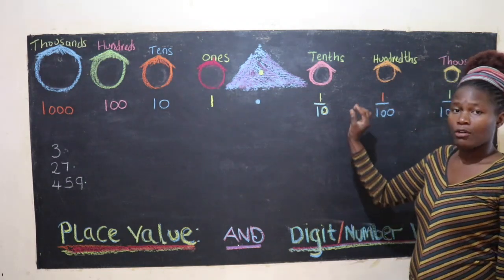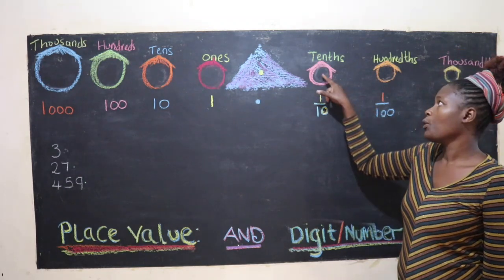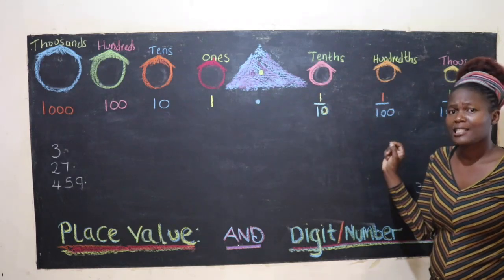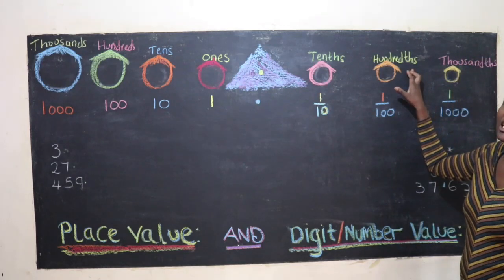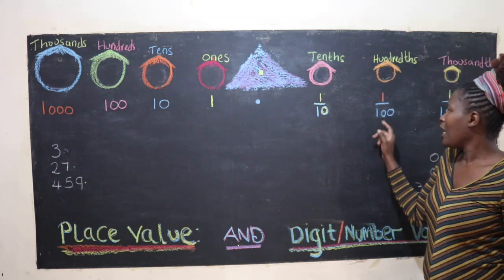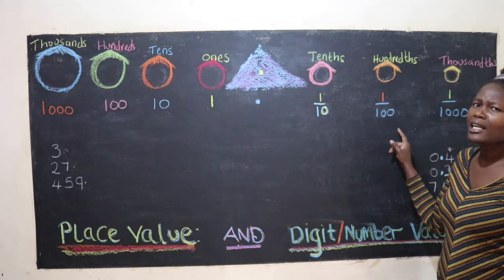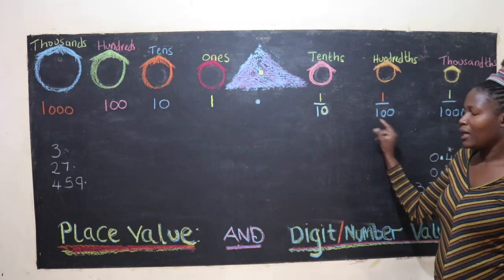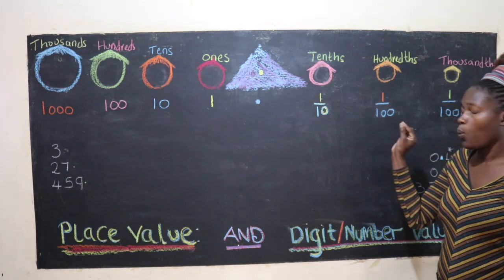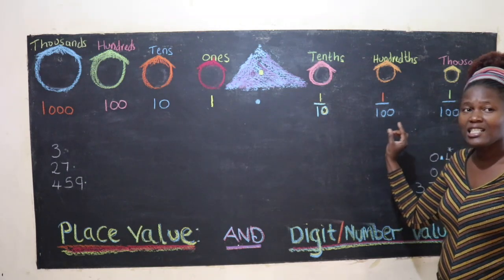So when you have any tenth, you put it in this house. Then the next place value is hundredth. Here, you take the same thing and you share it into 100 equal pieces. You can imagine how tiny one piece would be. That one piece would be 1/100th.